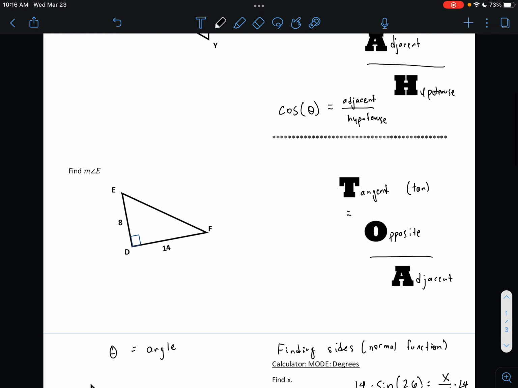But that's a lesson for another day. Just make sure we have that the tangent of theta, tangent of whatever angle we're given, equals the opposite divided by the adjacent. And that's trig functions.